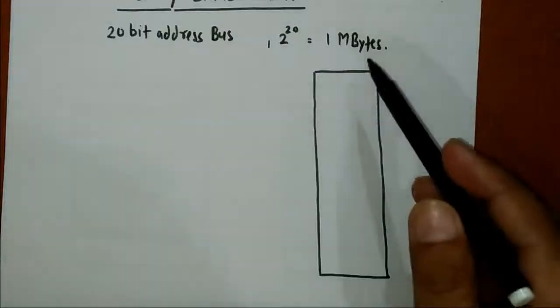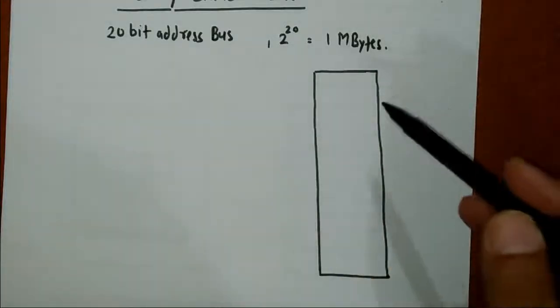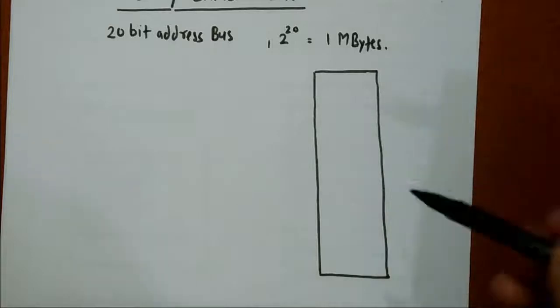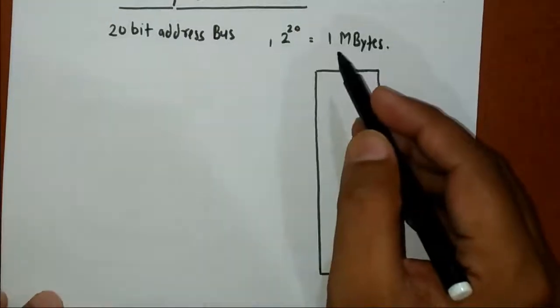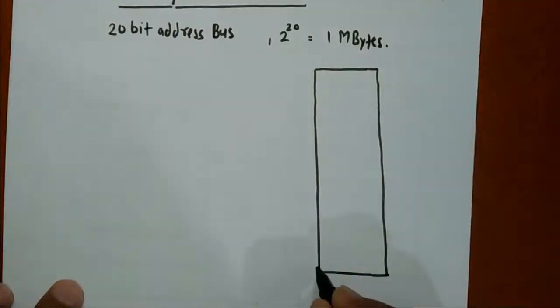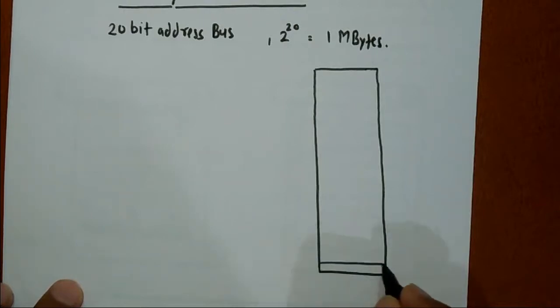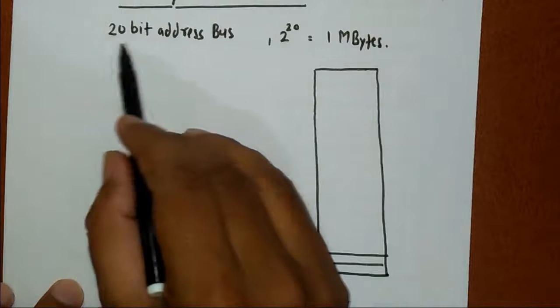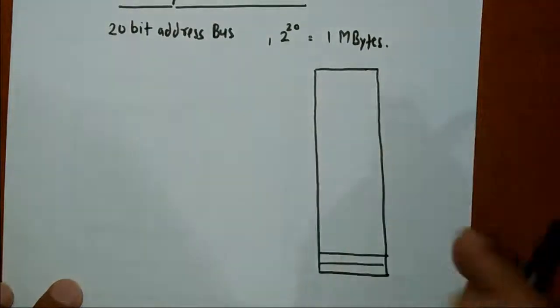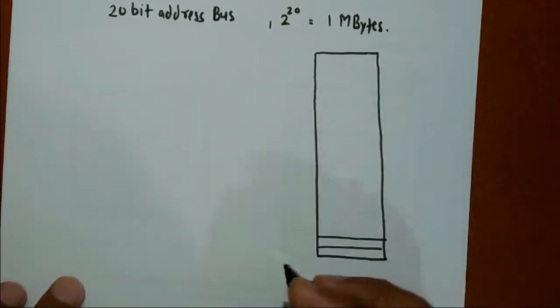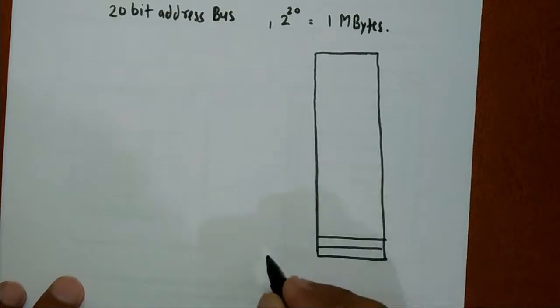So here is a memory and its capacity is 1 megabyte. We can see that in order to access each memory location of this memory, we will need 20 bits of address, right? That means in hexadecimal we will require 5 digits.